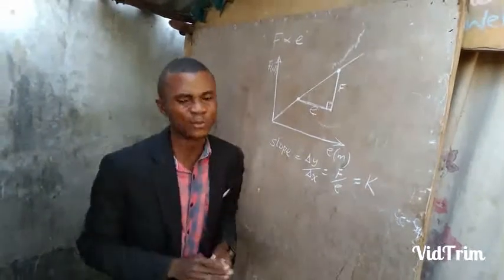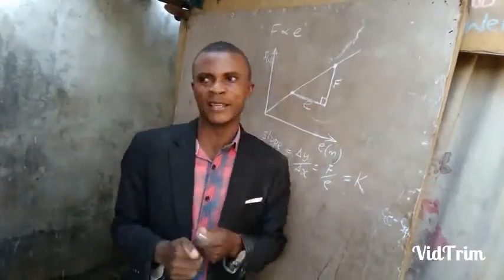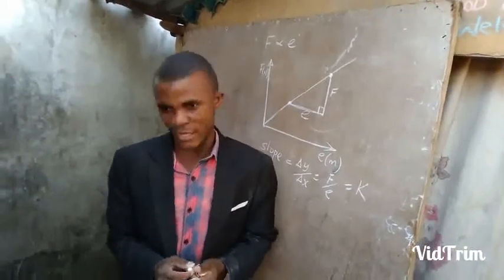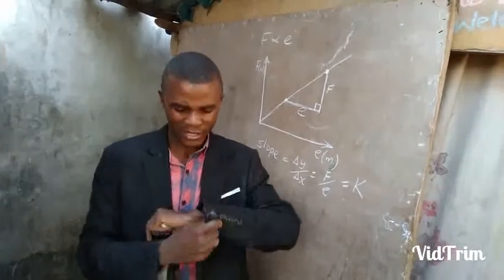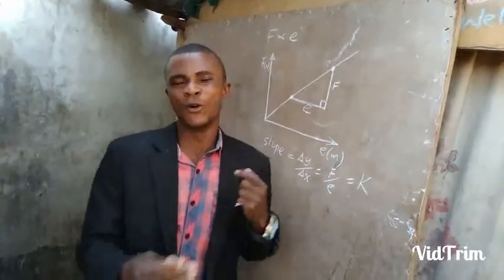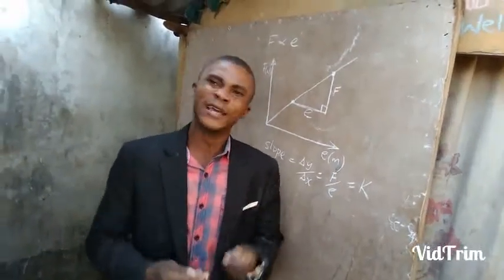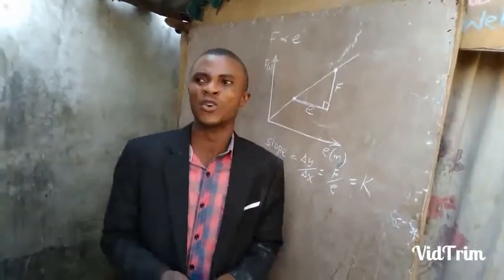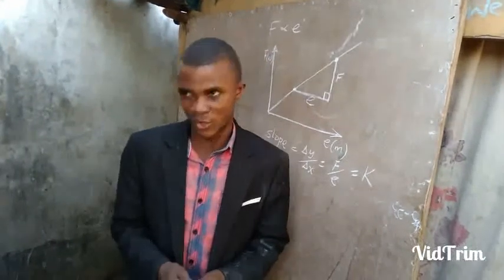So anytime you plot a graph of force against extension, the slope of that graph is known as the force constant. That is how you get the force constant.